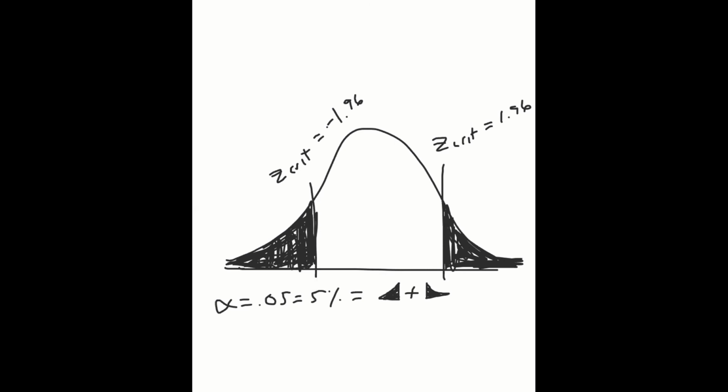Now what we want to do is compare this Z calculated to the Z critical. And what's going to happen is we want to see, do we get into these black areas? And these black areas are called what? Rejection region.